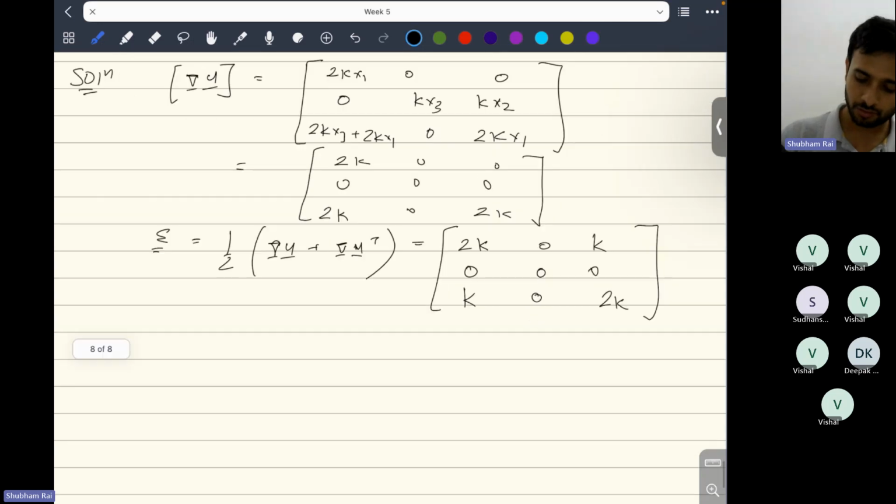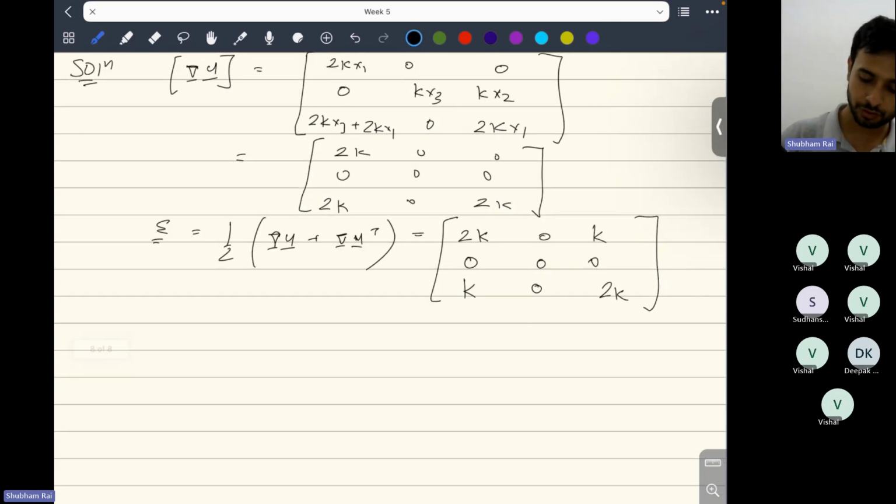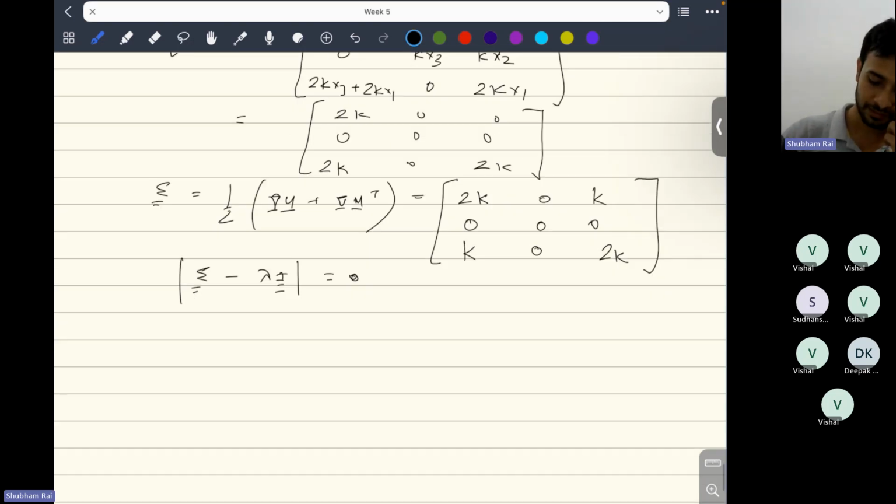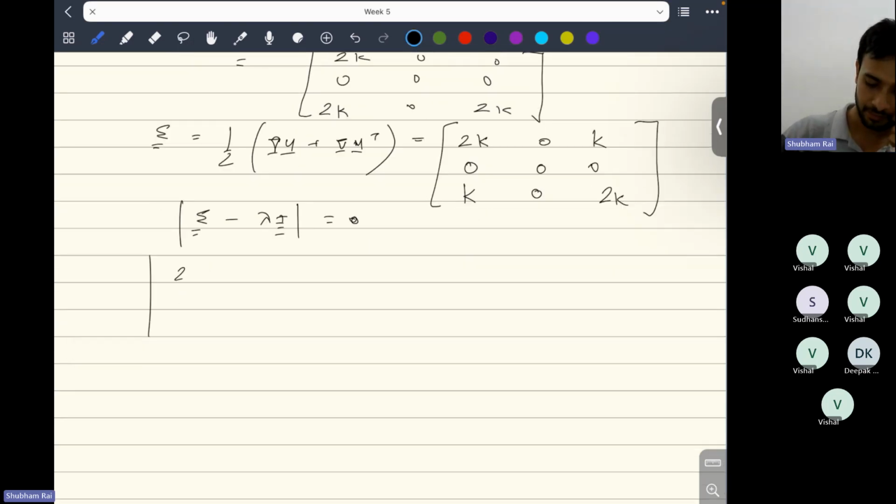Now you need to do eigenvalue analysis. What you need to do is take E minus lambda times I, and put its determinant equal to 0. If you do that, you get the matrix with rows 2k minus lambda, 0, k; 0, minus lambda, 0; and k, 0, 2k minus lambda, and the determinant of this will be 0.